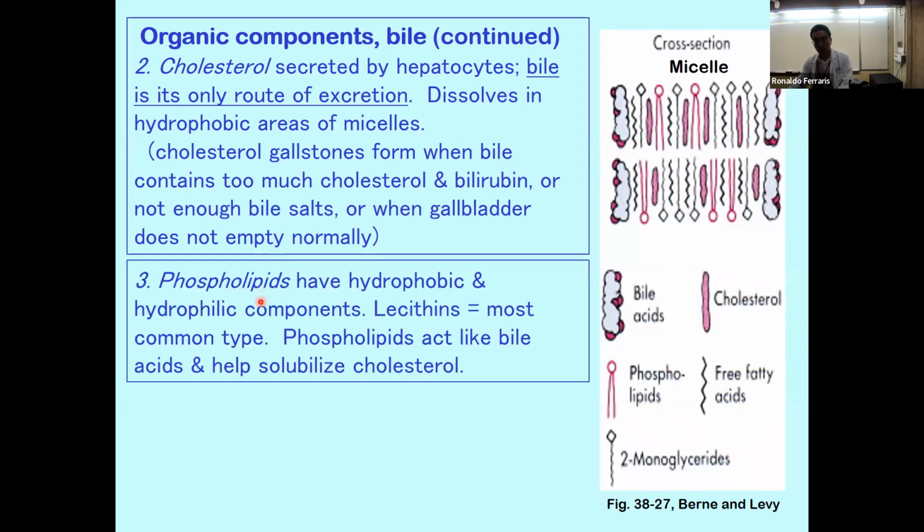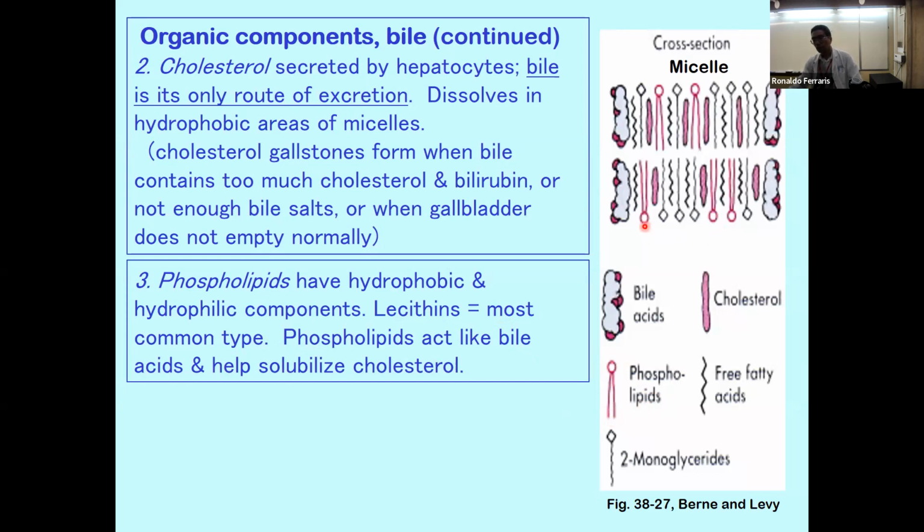Now you have phospholipids. 20% of bile is phospholipids, and lecithin is the most common type. And these are like phospholipids. So this head group here is your hydrophilic component. These two lines here represent your hydrophobic component.